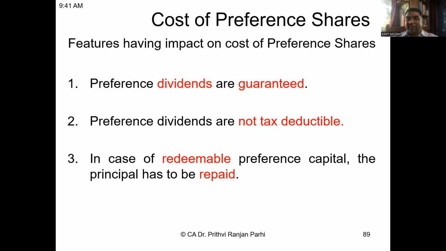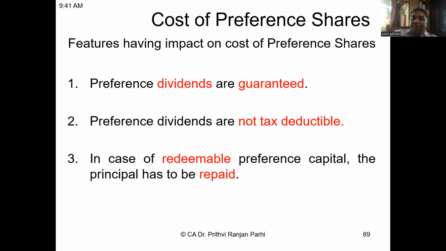Preference shareholders are treated like owners. They have a preferential right, but they are still the owners of the company. They are not outsiders. On that logic, whatever money is paid as dividend to preference shareholders is not deductible as an expenditure for income tax purposes.